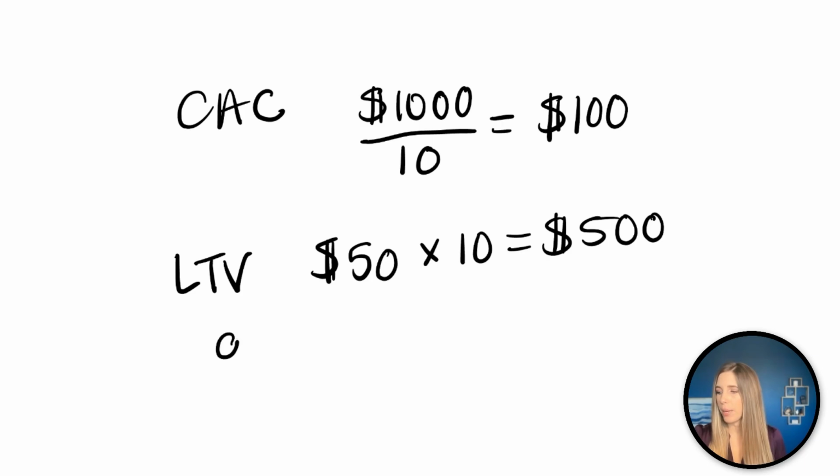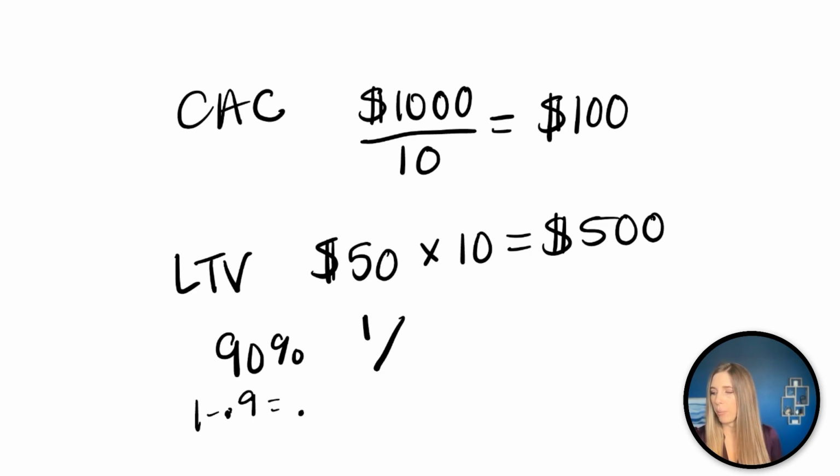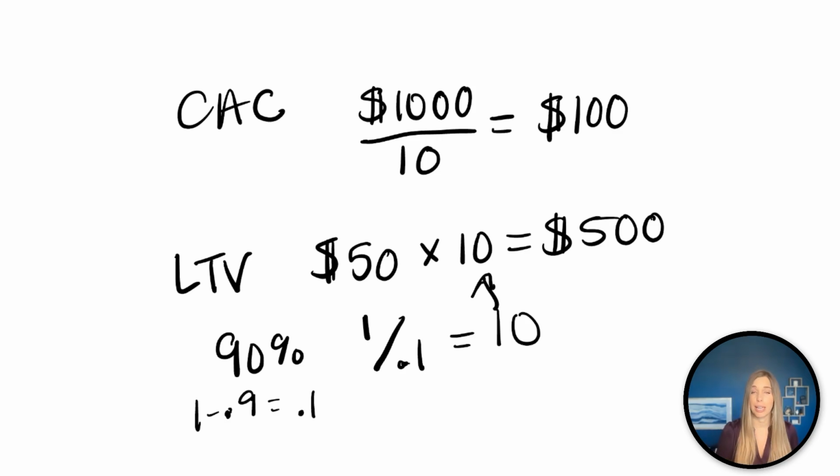So with a 90% retention rate, to calculate that average length of stay, we're just going to do 1 over our churn, which is literally the opposite of retention. Our retention is 0.9, so if we take 1 minus 0.9, we get 0.1, and that's our churn. So 1 over 0.1 gives us 10. And that is how we got that average length of stay.